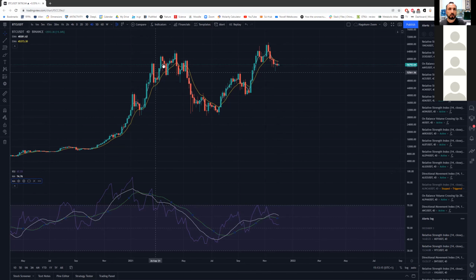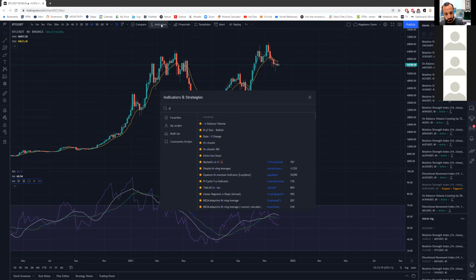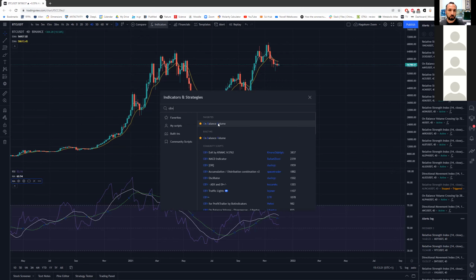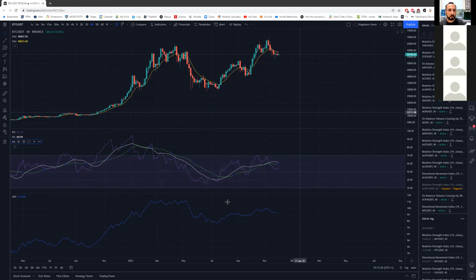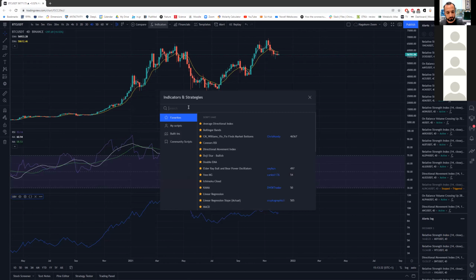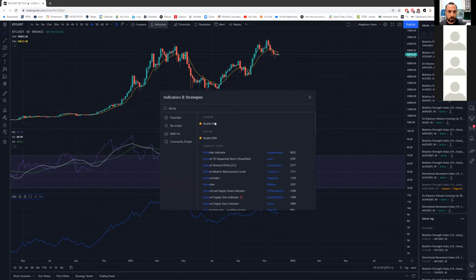Okay. Then you go again to the indicators and you look for the on balance volume. In the on balance volume, you right click, add indicator, and you look for the double exponential MA.